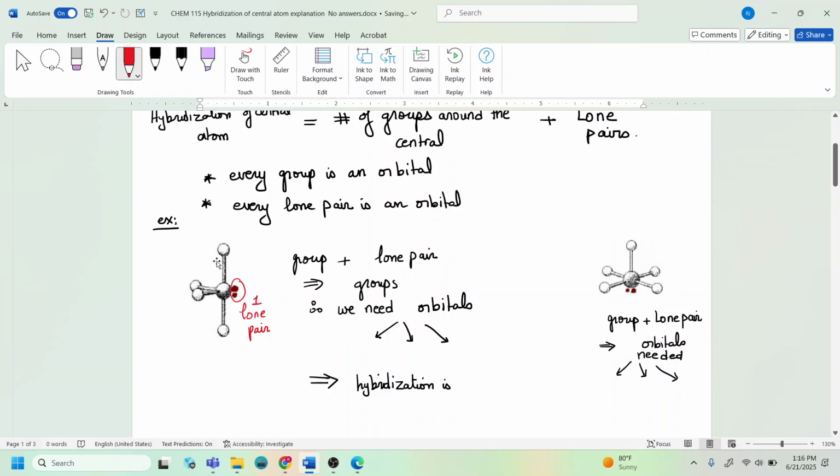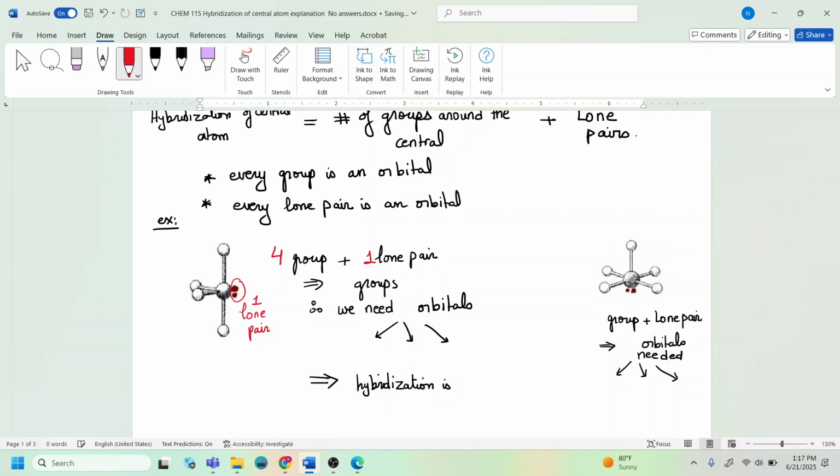If I want to check the hybridization of the central atom, I count how many groups are around it: 1, 2, 3, and 4. So here you have 4 groups around the central atom, and the number of lone pairs is 1.